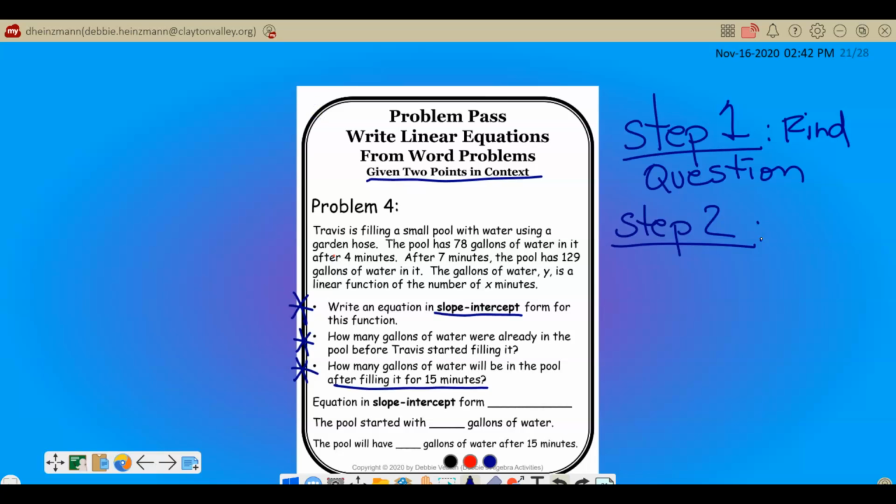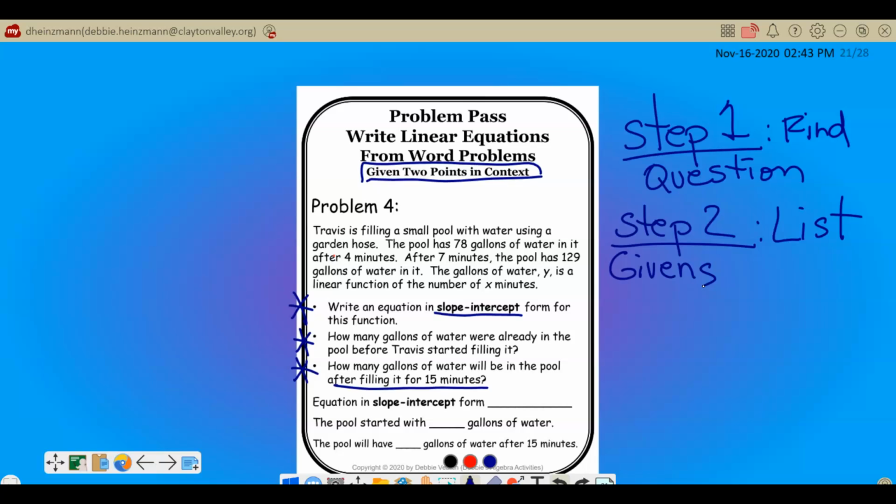Okay, let's just pretend that they didn't already tell us that we were going to use 2 points. So let's read the problem and see what they are given. List givens. So Travis is filling a small pool with water using a garden hose.